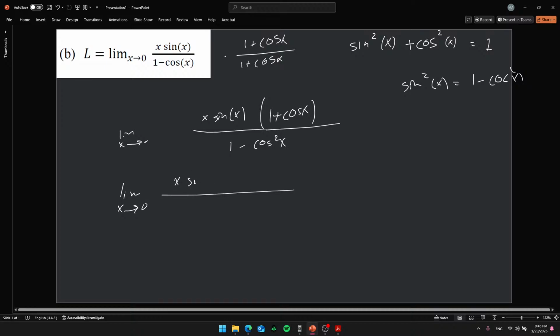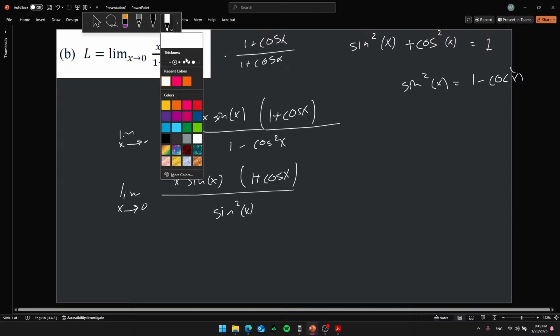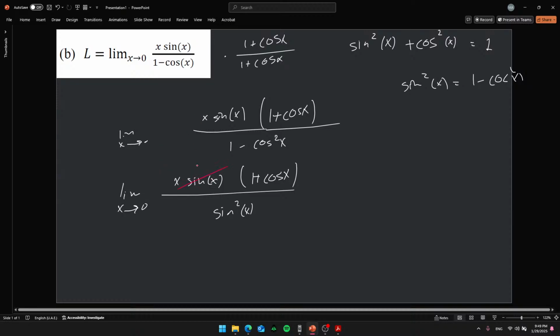So x sine x times 1 plus cosine x over sine squared x. Now we have 1 sine in the numerator and 2 sines in the denominator, so I'm going to only remove 1 from the denominator, so only 1 sine x is left in the denominator.